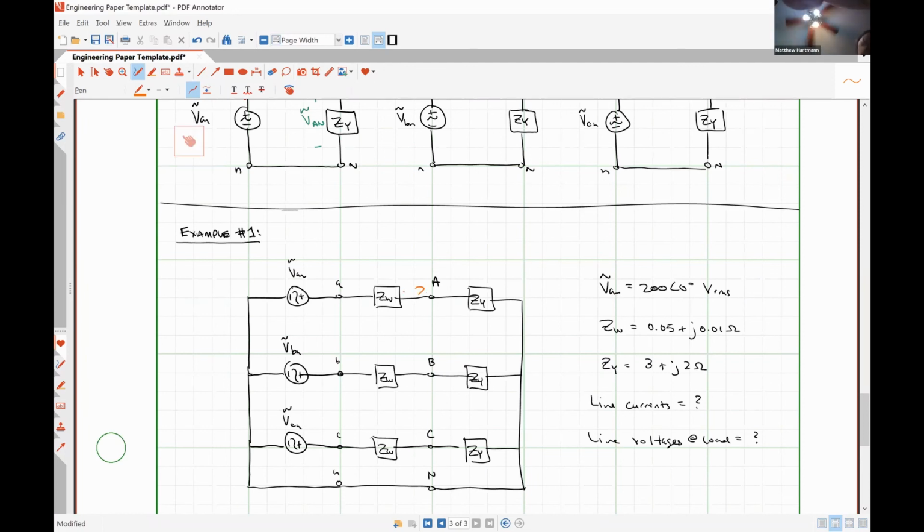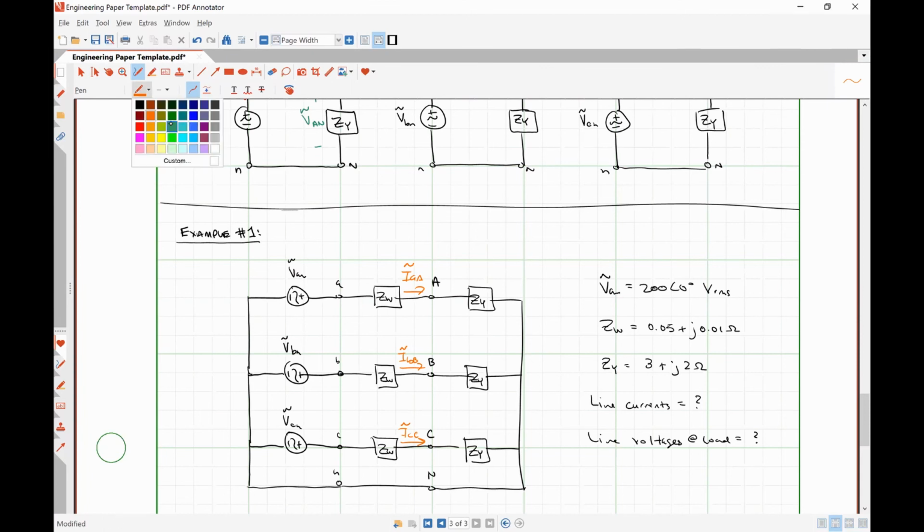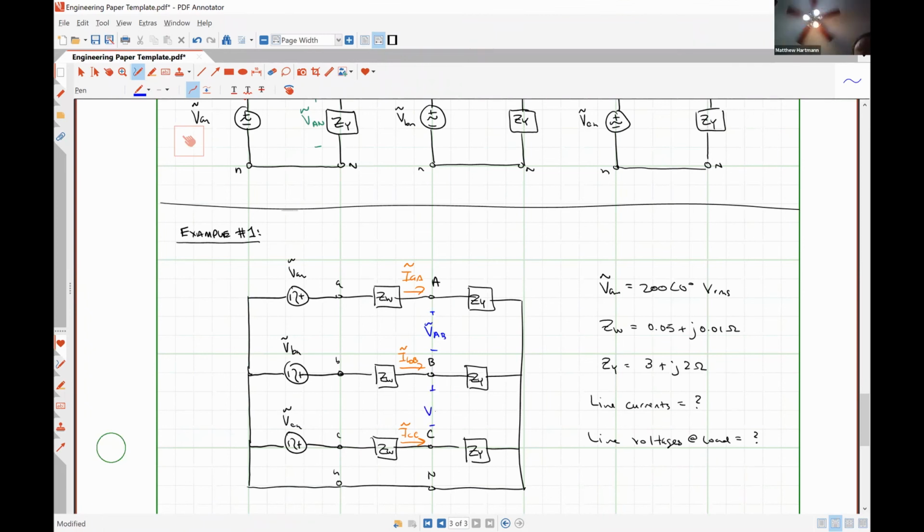So that would be this guy IAA, this guy IBB, and this guy ICC, and also what my line voltages are. And so my line voltages would be VAB and VBC and also VCA.